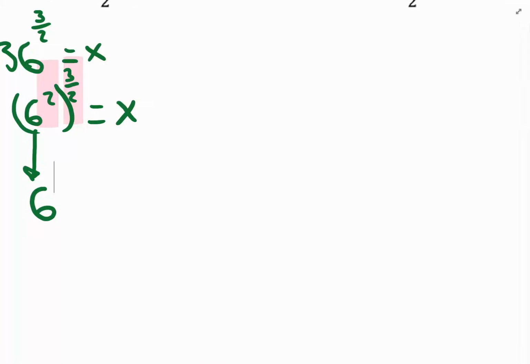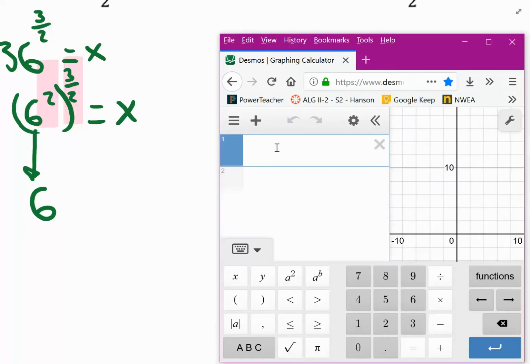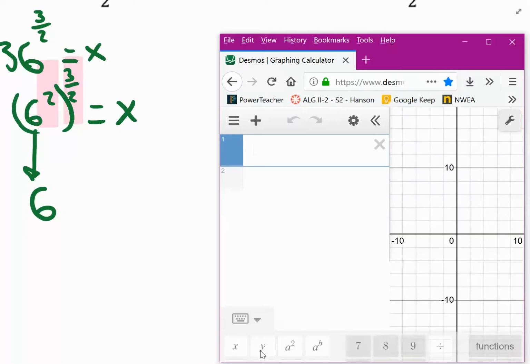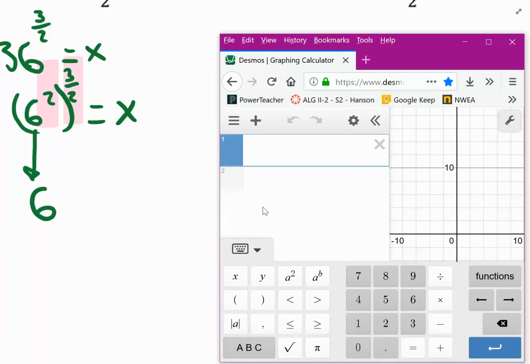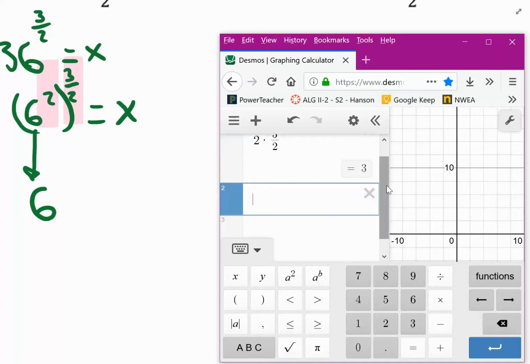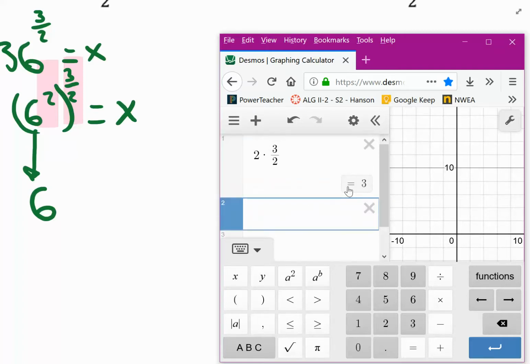So if you didn't already, you want to click show the keypad down here so it pops up. 2 times 3 over 2. And it should say equals what the answer is here in the corner. And if it doesn't, just hit enter and then it'll pop up. So we found the answer is 3.